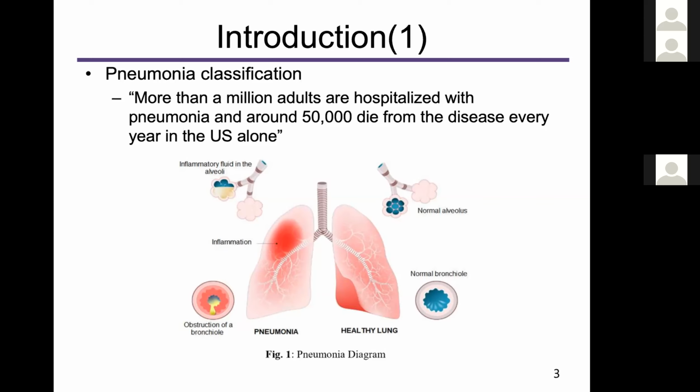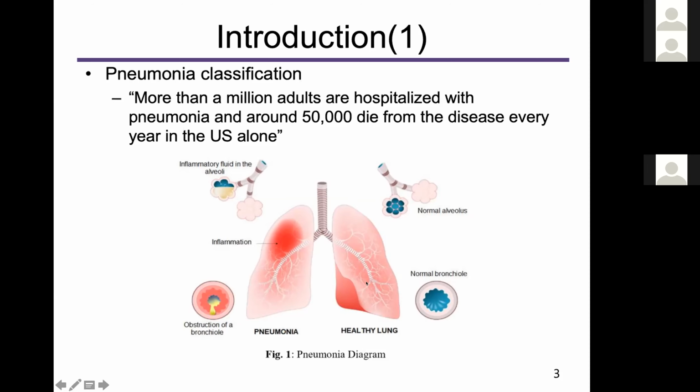Figure 1 here shows the difference between a lung with pneumonia and a healthy lung. As we can see, there is an inflamed area here, so we can easily recognize whether this lung is diseased or healthy.